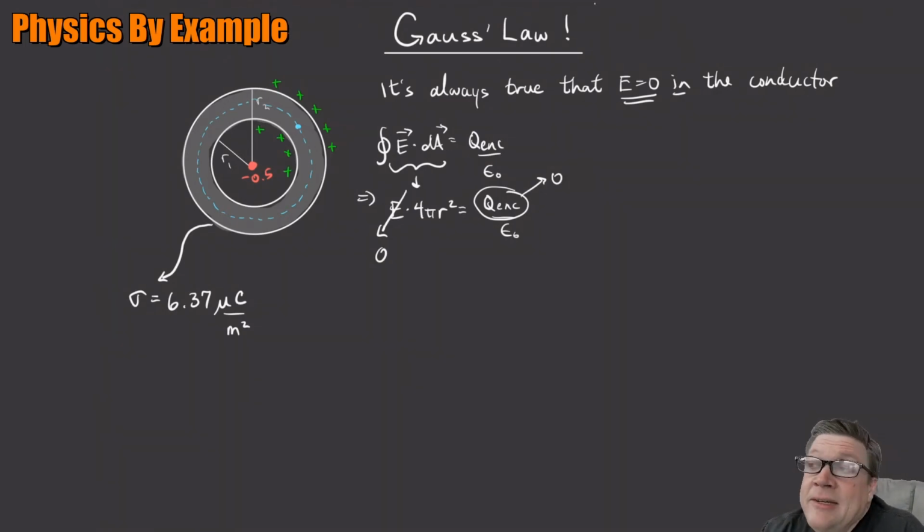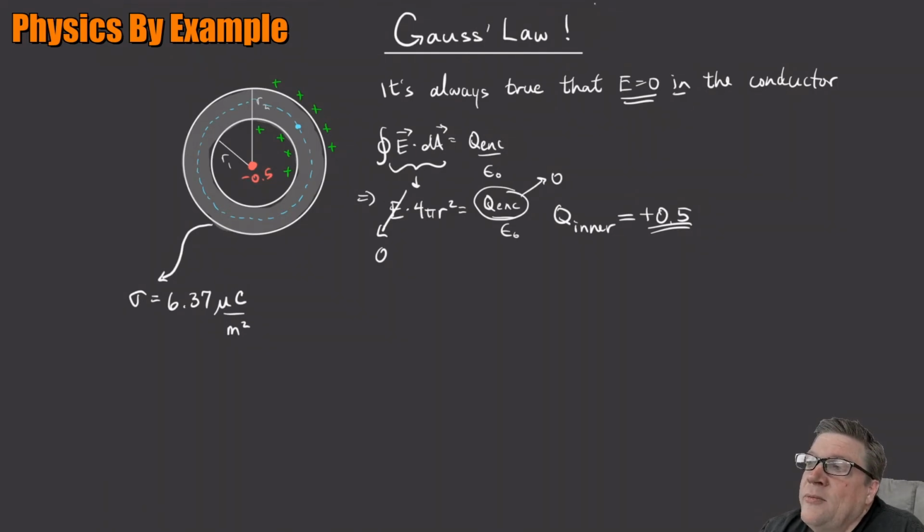How much? Gauss's law says the charge Q on the inner surface has to be plus 0.5, so that the total enclosed is going to be zero by my Gaussian surface in the middle.